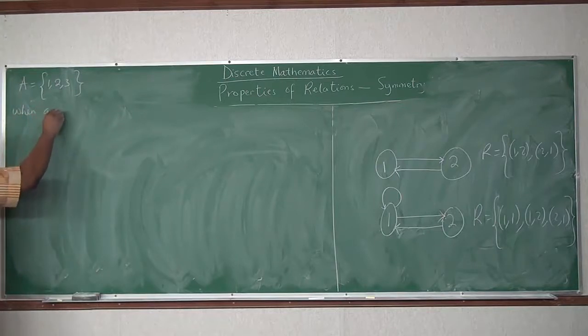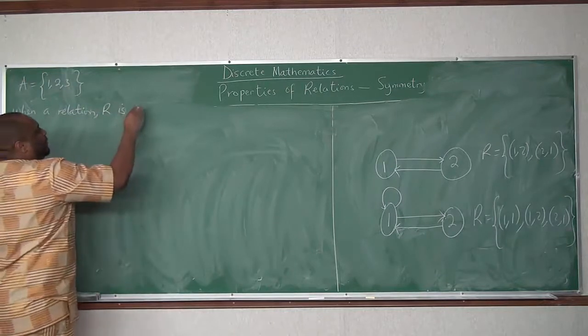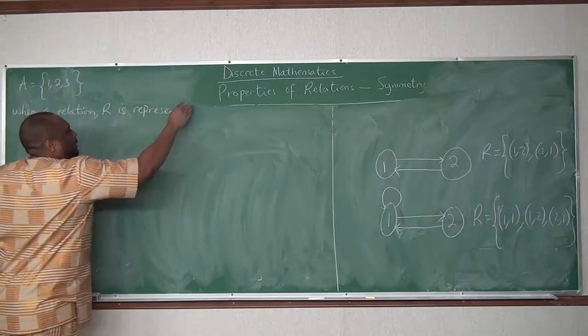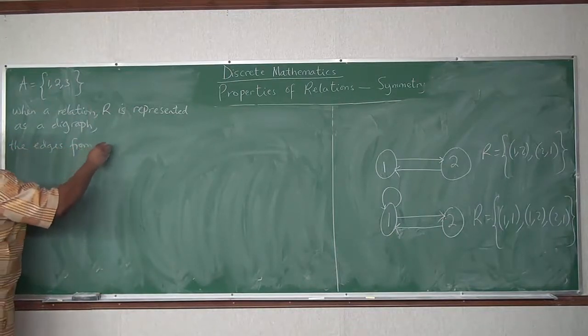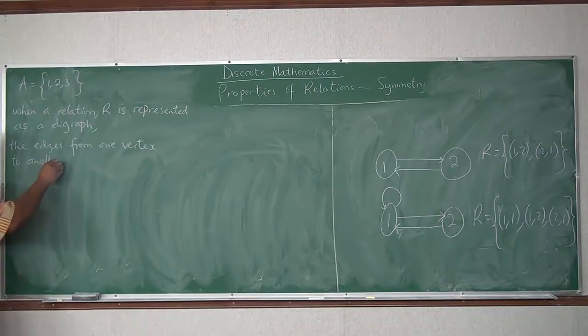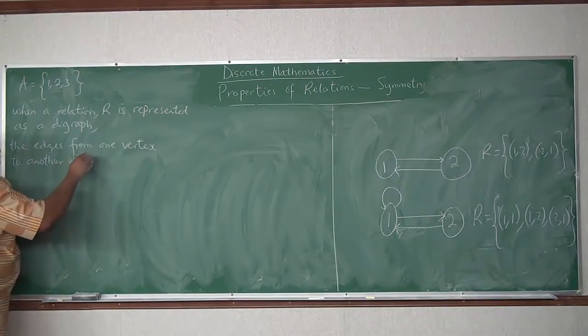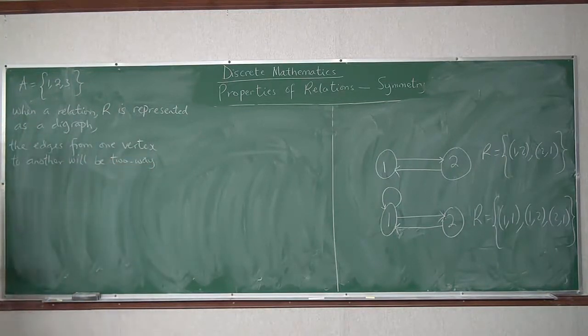When a relation R is represented as a digraph, the edge from one vertex to another vertex will be two-way.